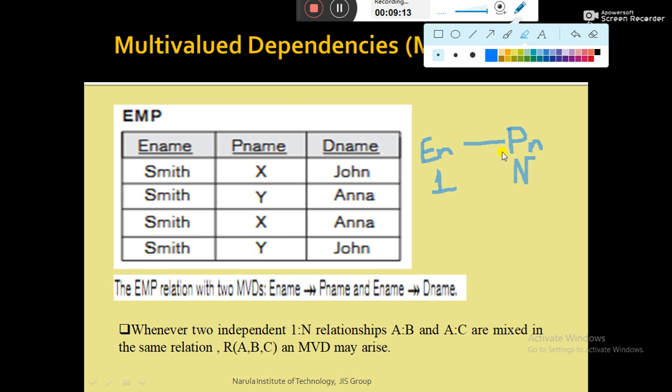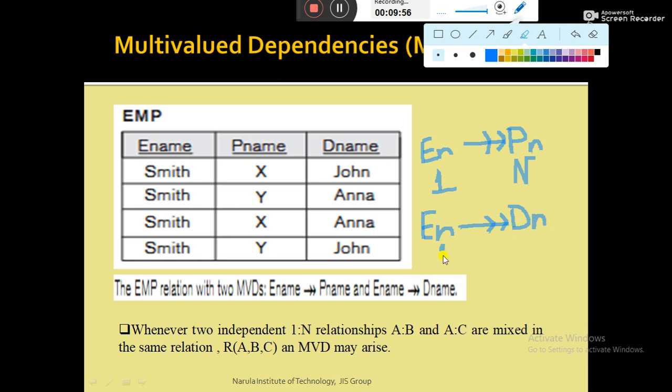So this is not a functional dependency; rather we represent it with a double arrow. That means employee name, or ename, multi-determines pn. So for a particular value of ename, we have multiple values of pname, and at the same time, simultaneously, for a particular value of en we have multiple values of dname, which I am writing in short as dn.